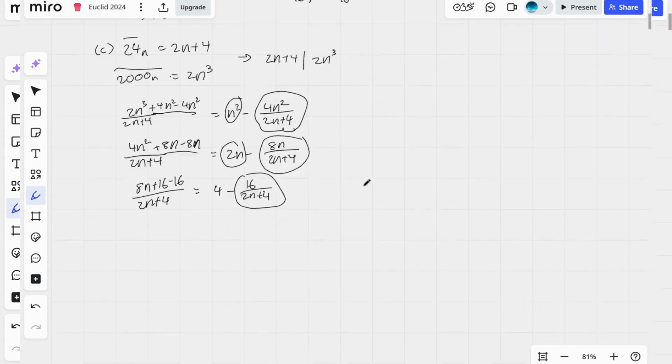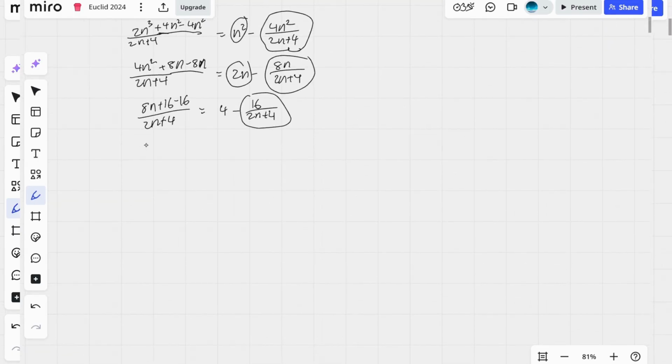So now you have 16 over 2n plus 4 is an integer, which means that 2n plus 4 is a factor of 16. So 2n plus 4, you know that n has to be positive. And so 2n plus 4 can only be the positive divisors of 16, which are 1, 2, 4, 6, 8, and 16.